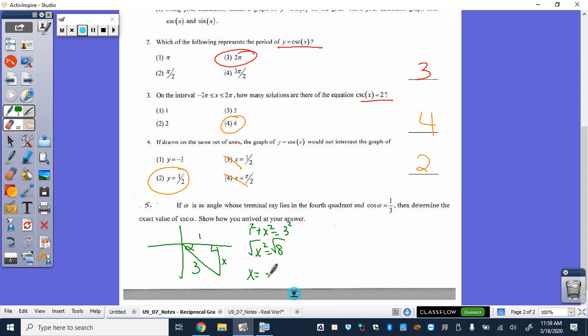Square root, being in quadrant 4, I want a negative, so x is -2√2. So sine would be -2√2/3. Cosecant means I need to flip that. And then I need to rationalize. I can't leave radical 2 in the denominator. So that's -3√2/4.